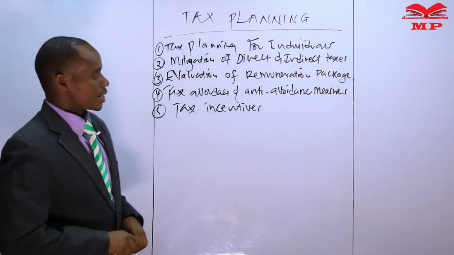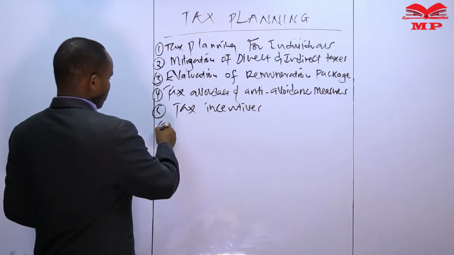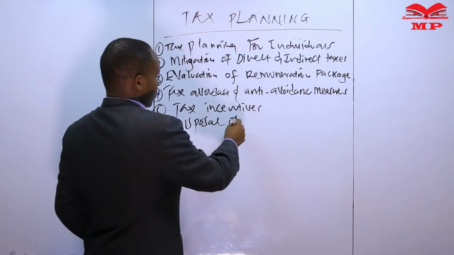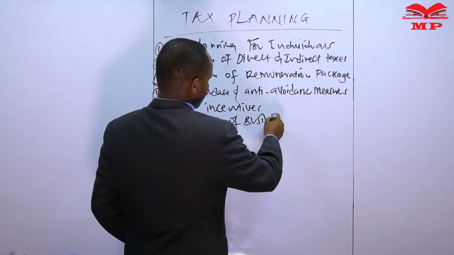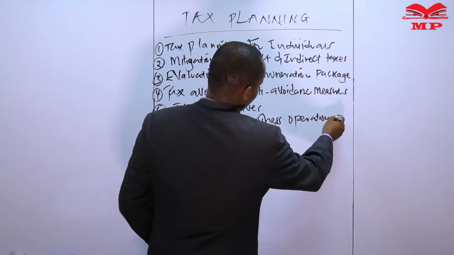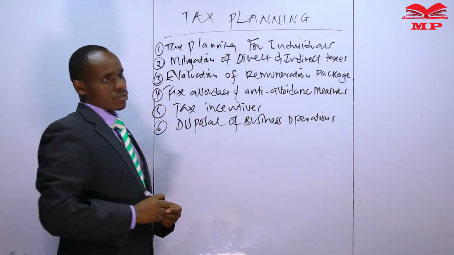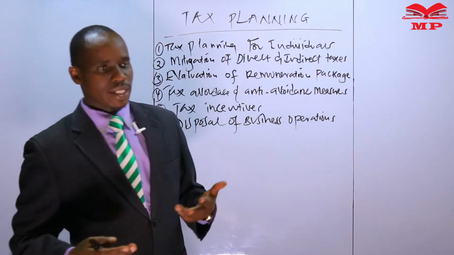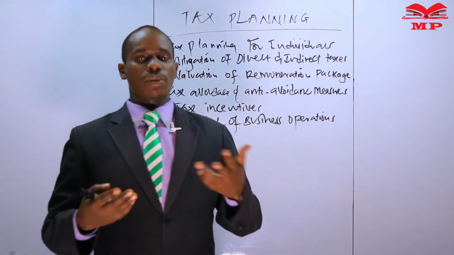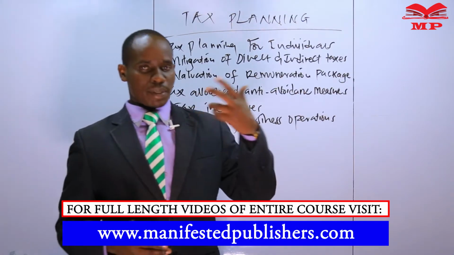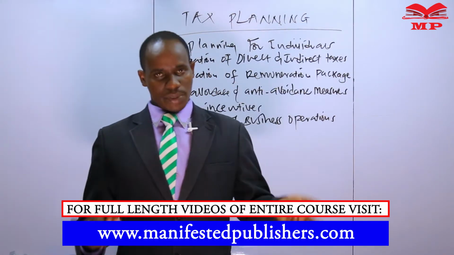We'll also discuss, number 6, disposal of business operations. Sometimes we can be having a business which is operating, and we may want to dispose of that business as a going concern.